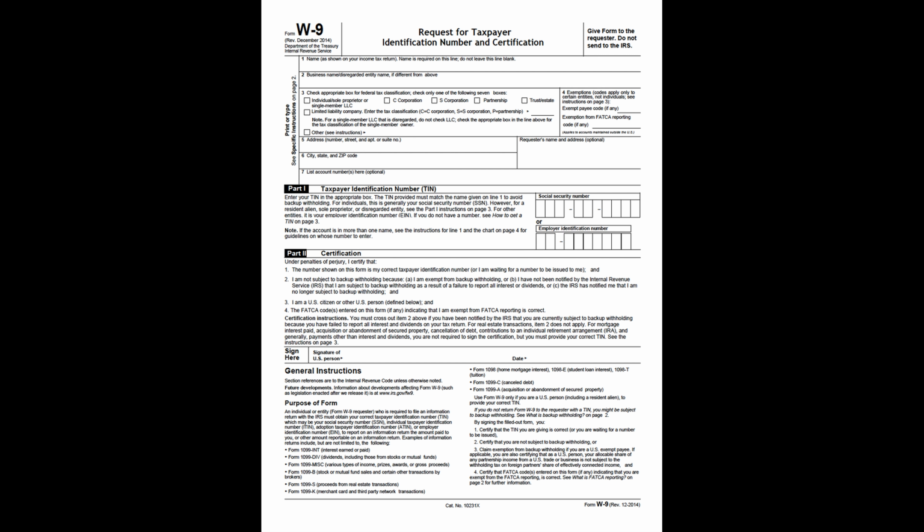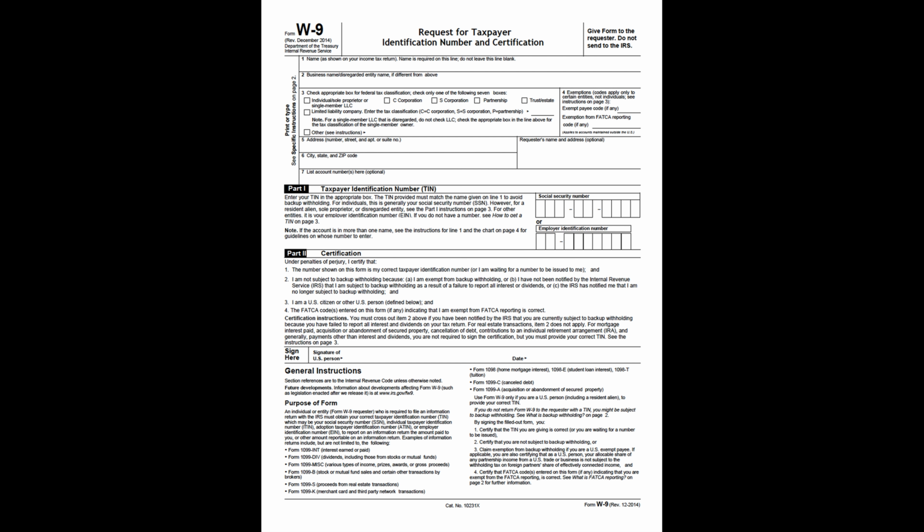For other entities, it is your employer identification number, EIN. If you do not have a number, see How to get a TIN on page 3. Note: if the account is in more than one name, see the instructions for line 1 and the chart on page 4 for guidelines on whose number to enter.